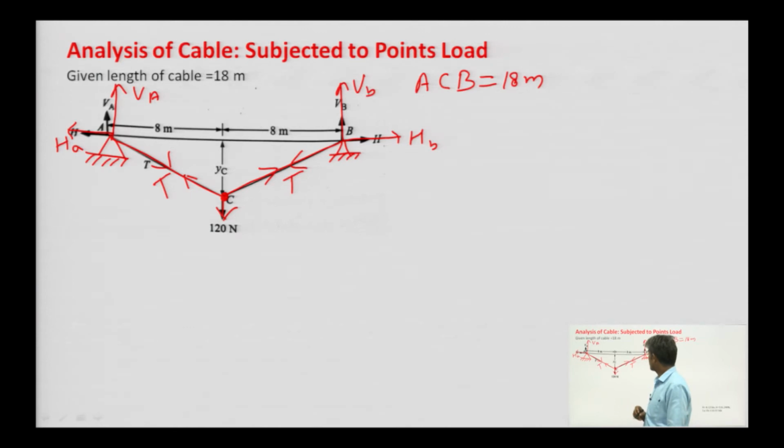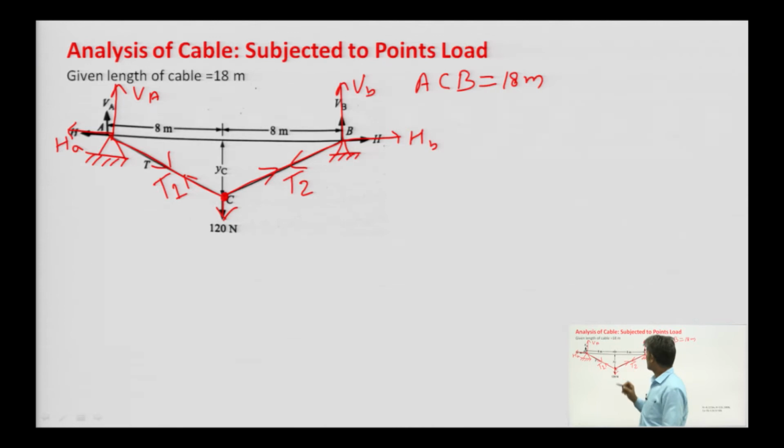So, the unknown forces in this case are how much? 1, 2, 3, 4. If we are taking this as actually T 1 and T 2, in this case it is same because this load is hanging at the midpoint, that is why it is same tension.